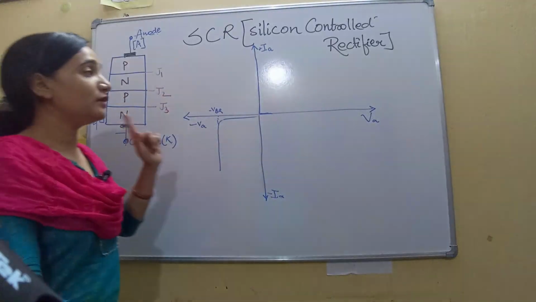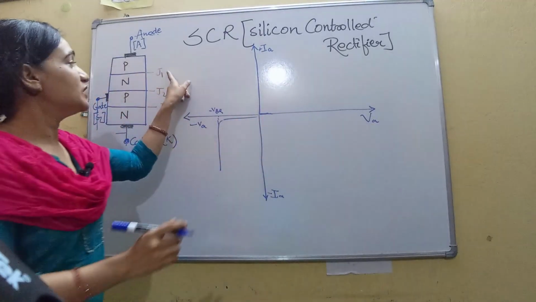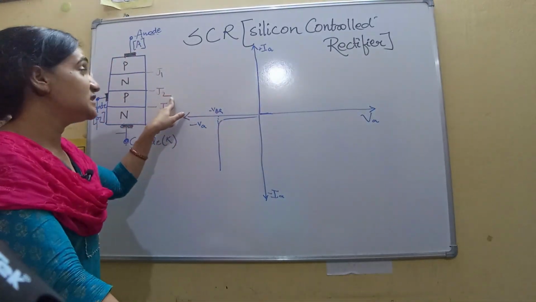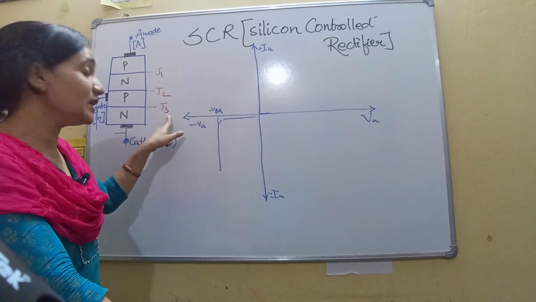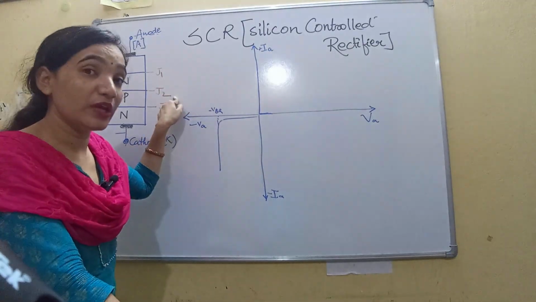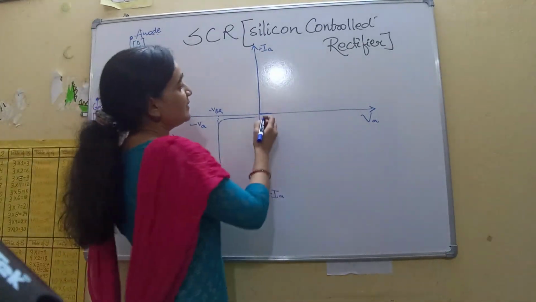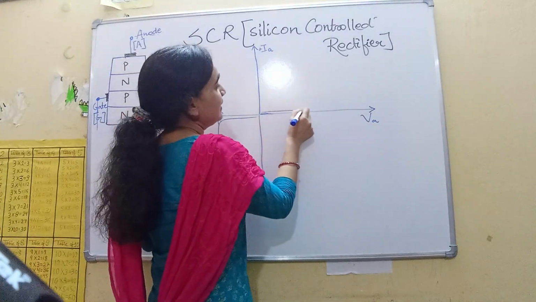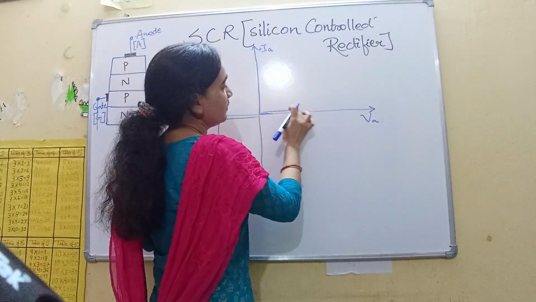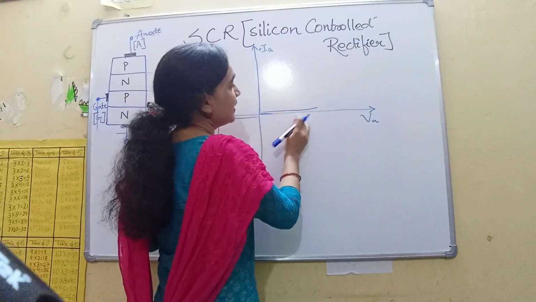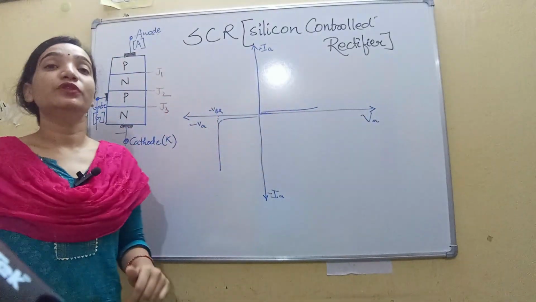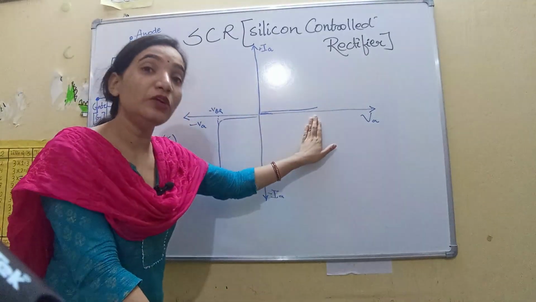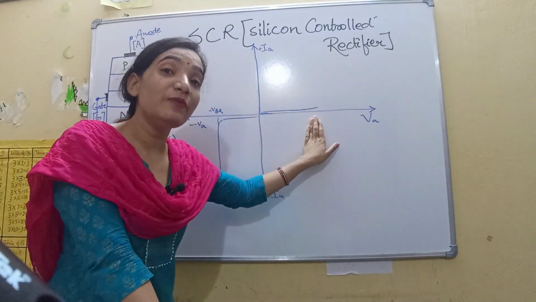In that condition, J1 and J3 are in forward bias and J2 is in reverse bias. There was a leakage current flowing through the SCR, but it was not able to cross the VBR.